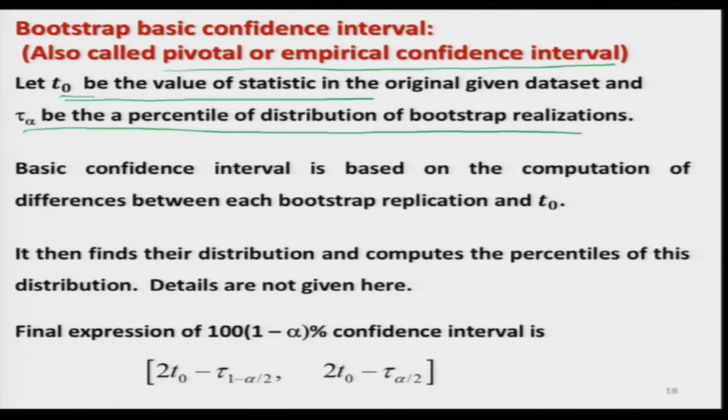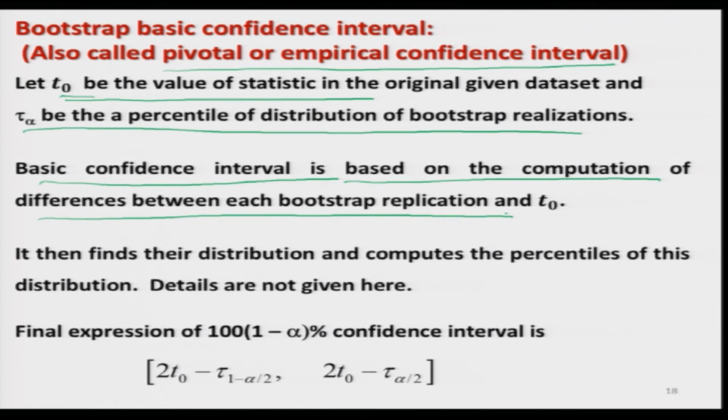So you try to estimate your parameter theta by theta hat using the bootstrap estimators, and you have a large number of values of these estimators, and then you try to construct the bootstrap histogram, and from there you try to compute the percentile. So this basic confidence interval is actually based on the computation of differences between each bootstrap replication and T0, and after this it tries to find out the distribution and compute the percentile of this distribution.